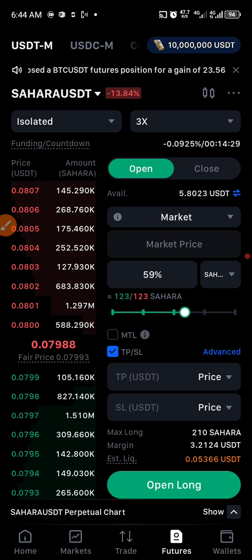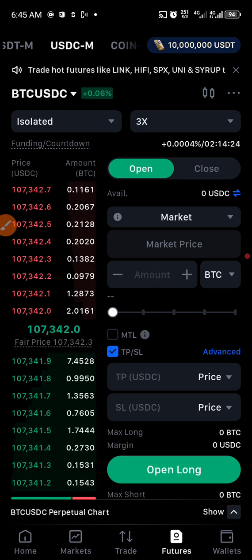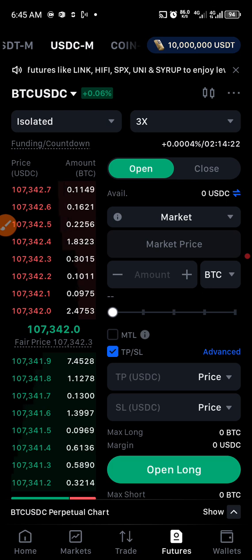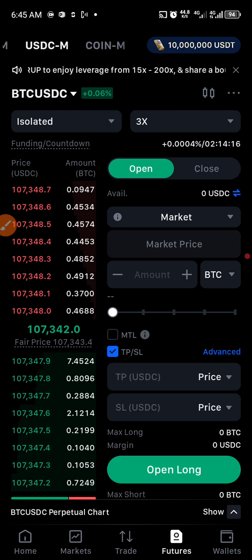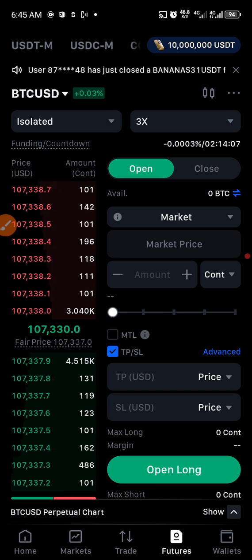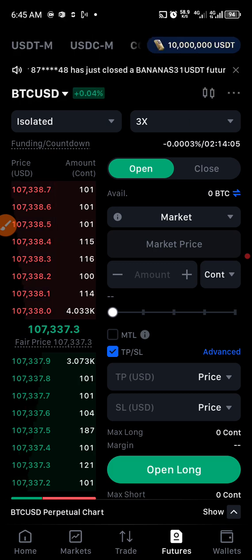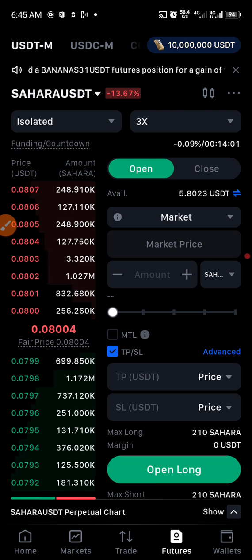Then if it is USDC, it means you have USDC, and you will find the pairs against USDC. If it is coin, it means, for instance, you want to trade BTC against USD or so on. But majorly, what we use is USDT.